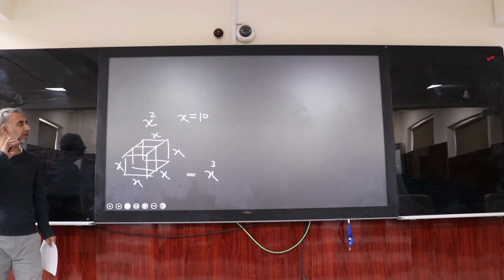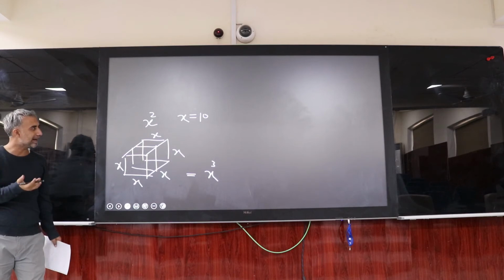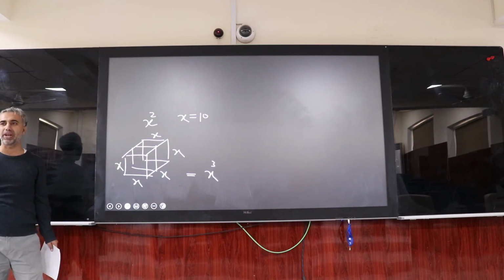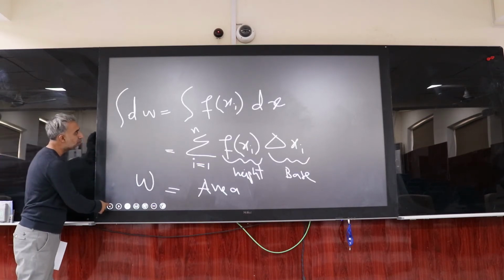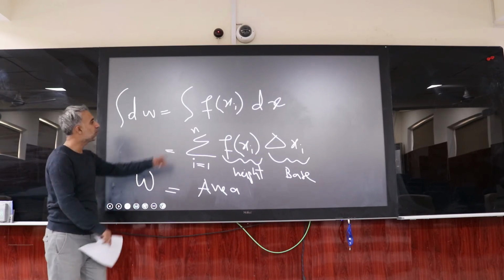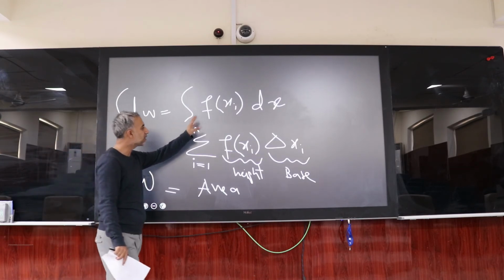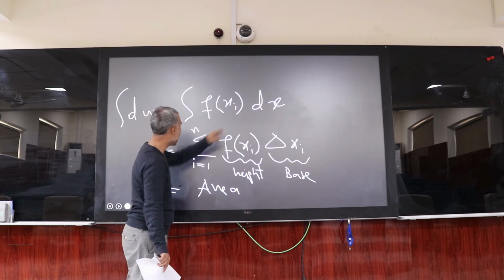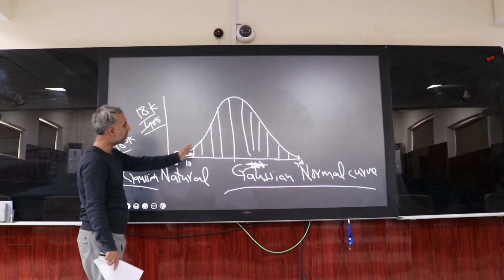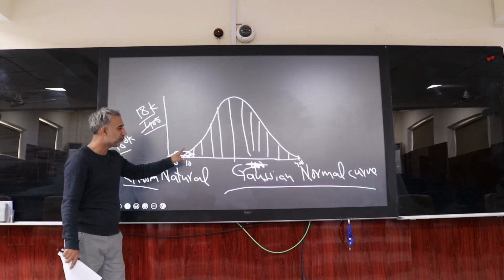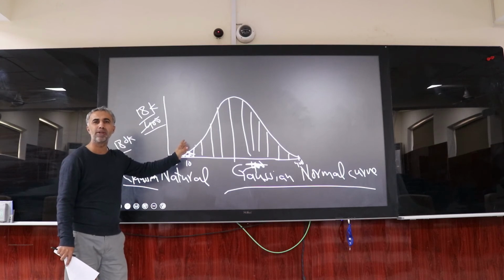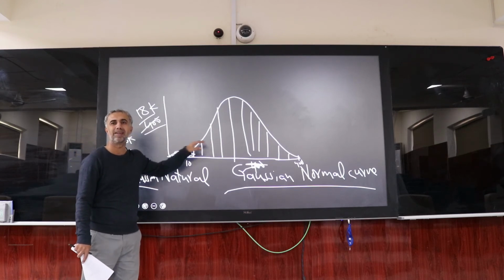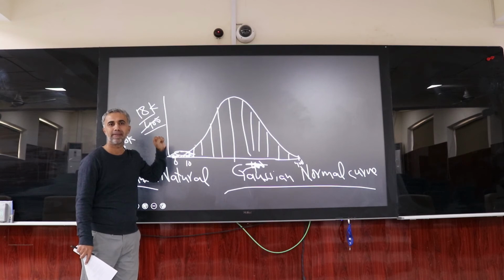X is acting like a variable and it is changing. So x is changing unpredictably, and we need to observe the change of x. The amount of force is not exactly the same at all points.